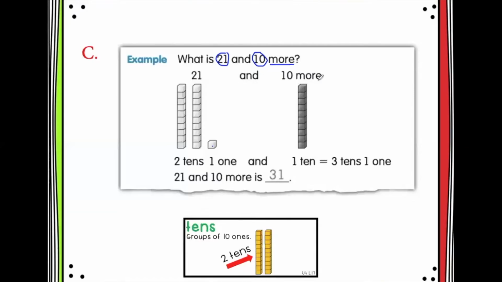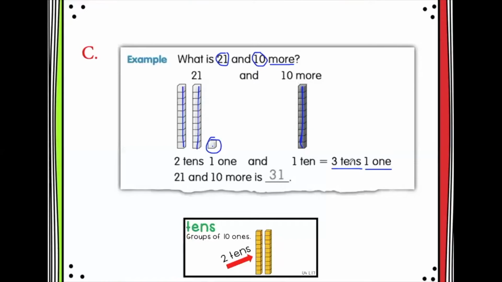One of the ways you can do this is by drawing or adding a manipulative like a 10 rod. So we have 21 and we're adding 10 more. So here's one group of 10. So 2 tens and 1 one and 1 more 10 equals 1, 2, 3 tens and 1 single 1.